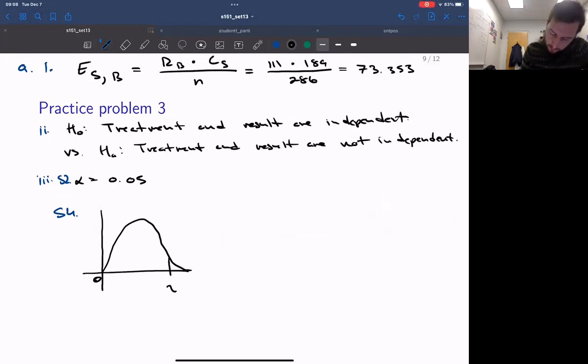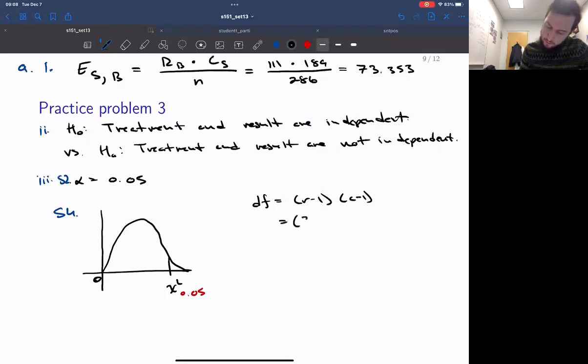Our critical value is going to be a chi-square on 0.05. The degrees of freedom is the number of rows minus 1 times the number of columns minus 1.